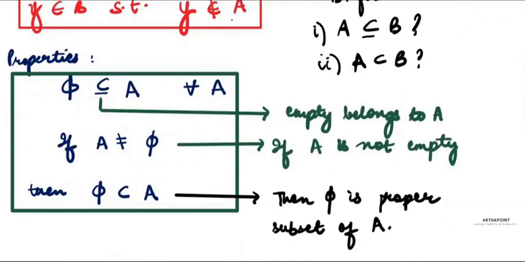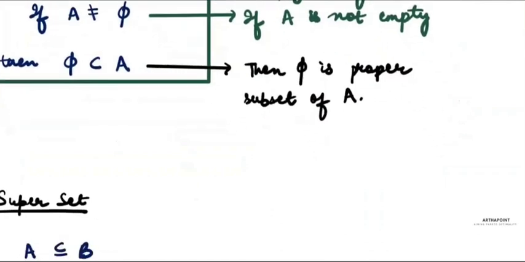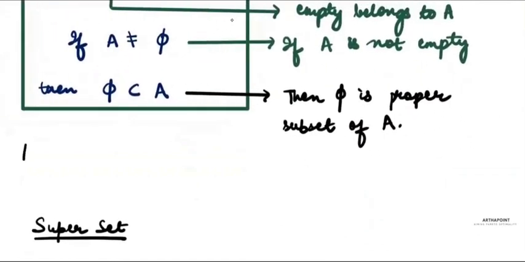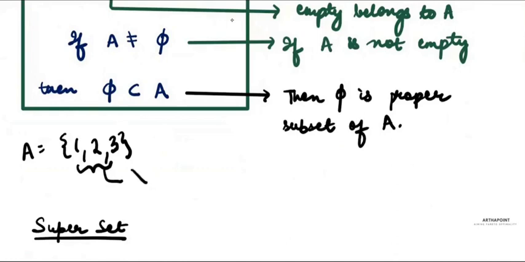Supposedly, I have a set A, and let's say that this set A is 1, 2, 3. Suppose I pick up 1 and I remove it from the set. I pick up 2 and I remove it from my set. I remove 3 also from my set. If I remove all the 3 elements from my set, then A will still be an empty set.